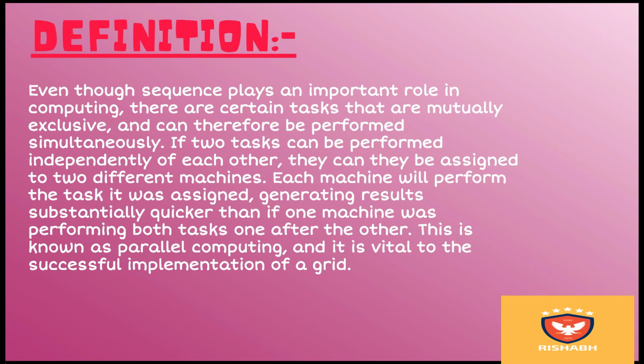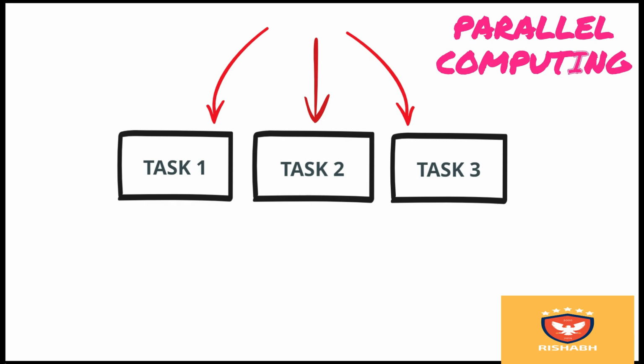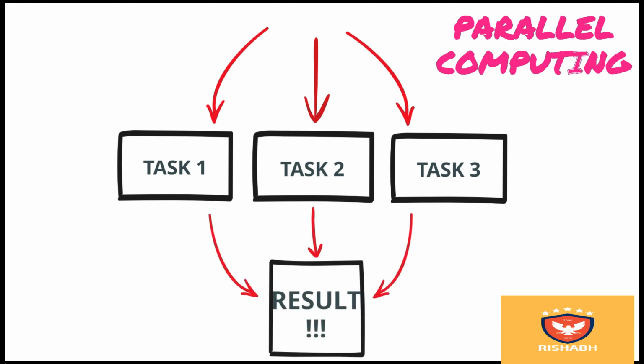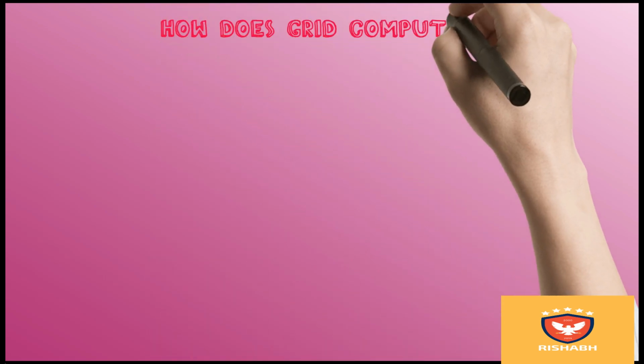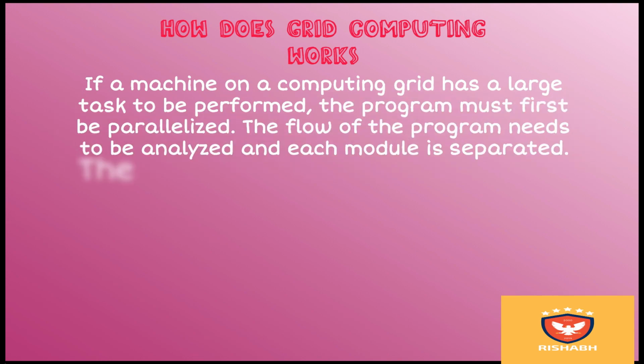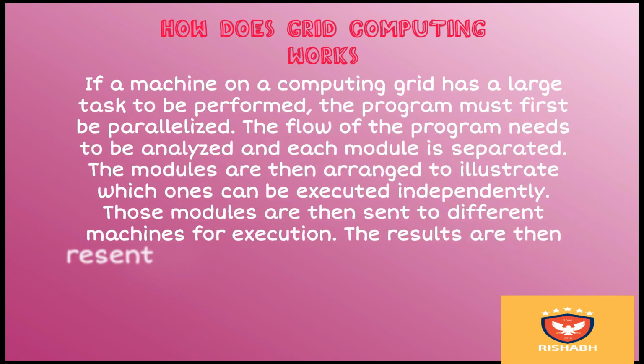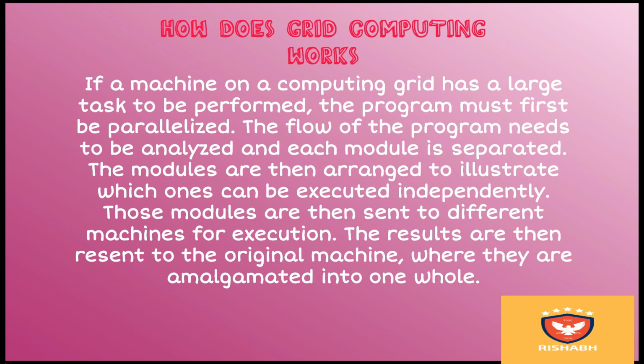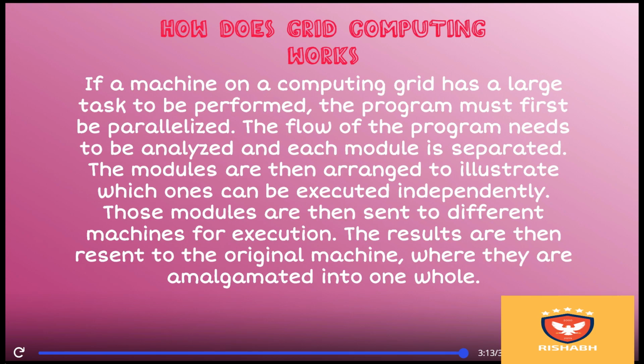This concept is that of parallel computing, and it looks something like this. Now coming back to our initial question, how does grid computing work? If a machine on a computing grid has a large task to be performed, the different modules are analyzed and the independent ones are executed separately by different machines. The results are amalgamated together in the original machine.